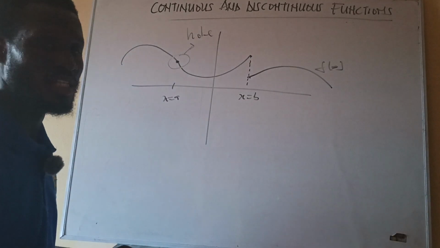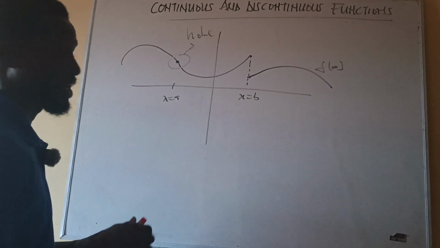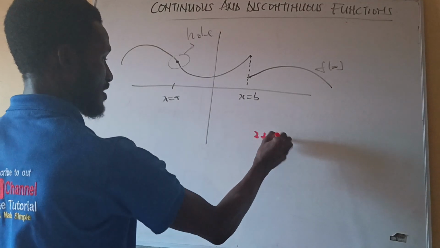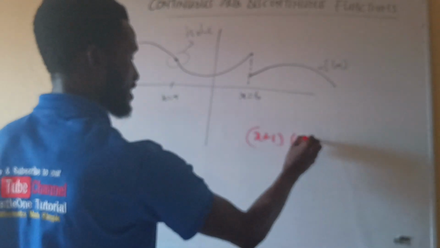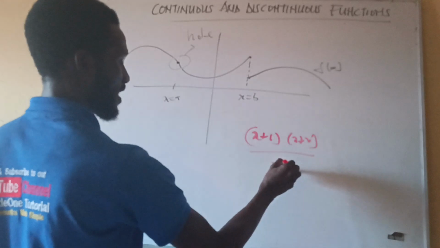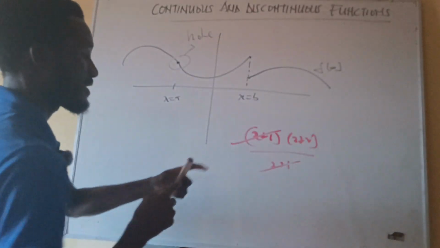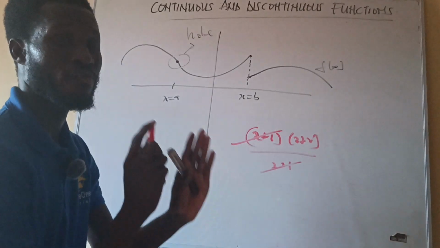Now how are we going to identify this on a function? Now when we have a function (x plus 1)(x plus 2) divided by (x plus 1), what are we going to have? Now this one will cancel this one. This is what we call a removable factor.